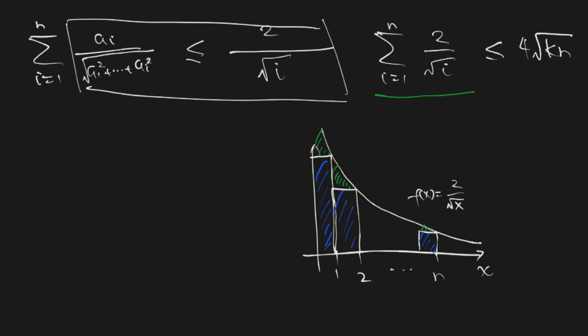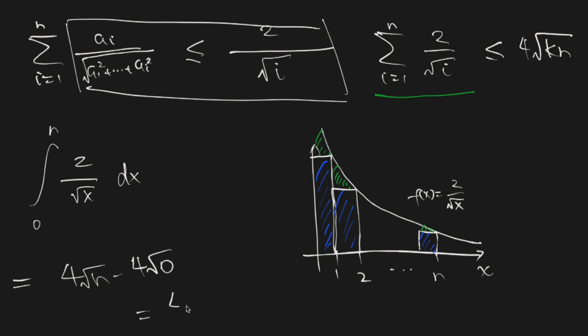And what is the area under the curve? If I integrate from 0 to n the function 2 over root x dx, then with some calculus, the antiderivative is 4 root x. So this equals 4 root n minus 4 root 0, which is equal to 4 root n.